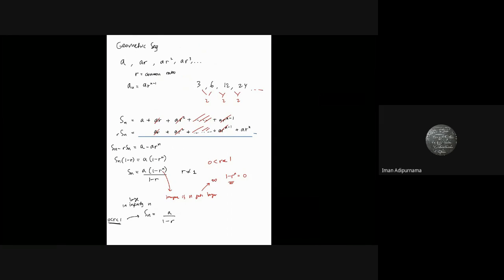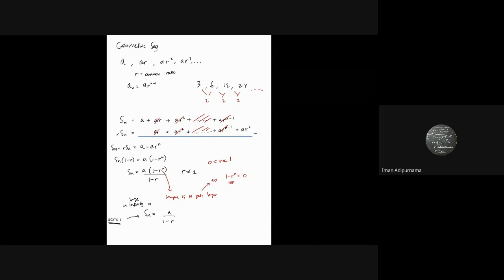Because the idea of, for what, Helen? I just saw the message in the chat box. Four types of sequence, you mean?